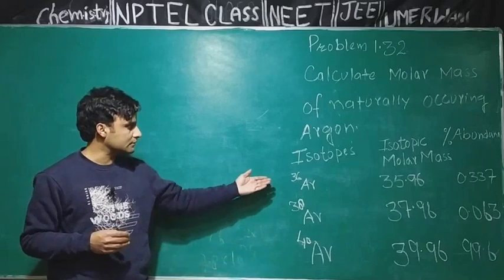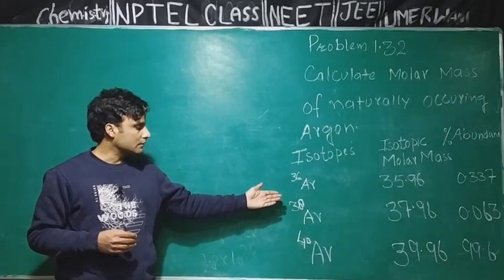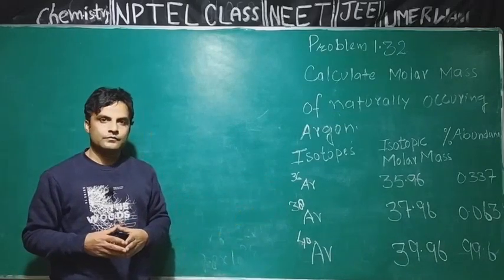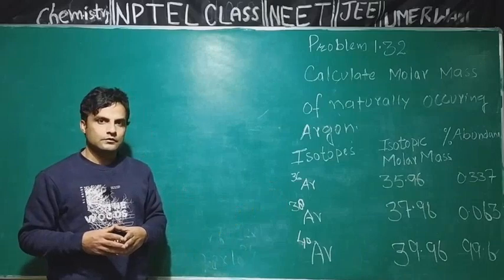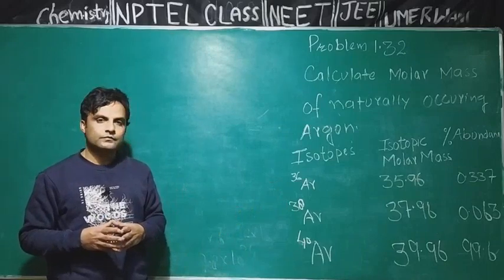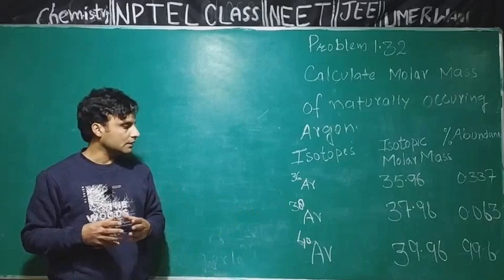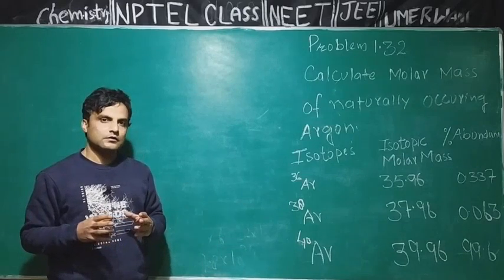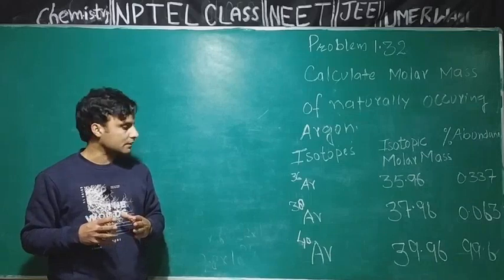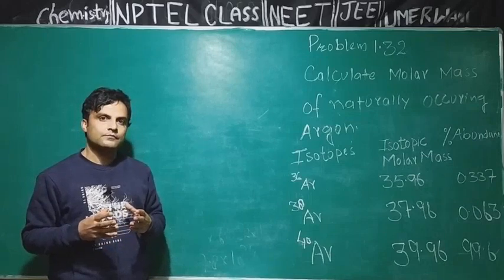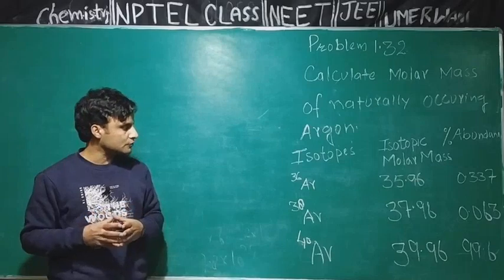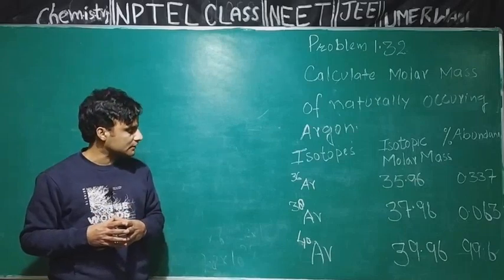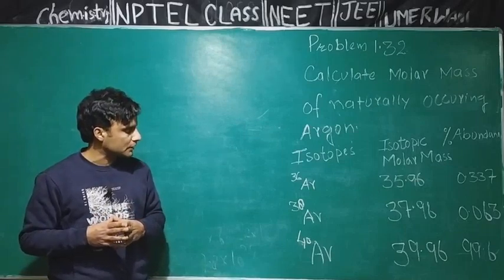One such instance is that of argon. In case of argon, in nature there is occurrence of its three isotopes, argon 36, argon 38 and argon 40.